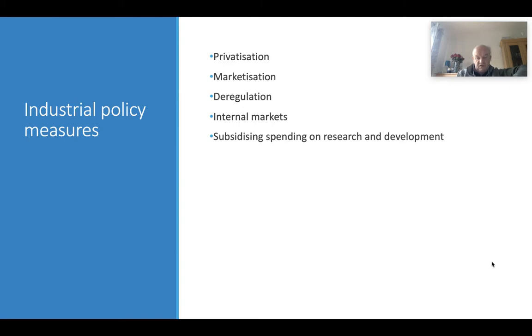Deregulation of certain markets, again, will certainly help individual firms. Setting up of internal markets and the way in which those can assist certain firms, and also subsidisation of spending on research and development are things that, although you could argue they are macroeconomic, certainly some of those measures can be used to successfully influence the way in which individual firms might behave.